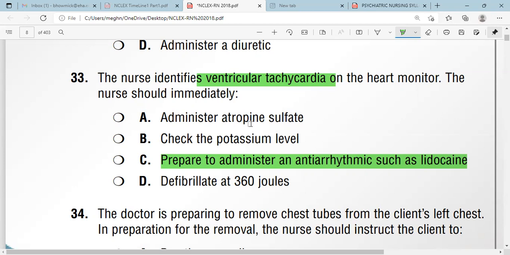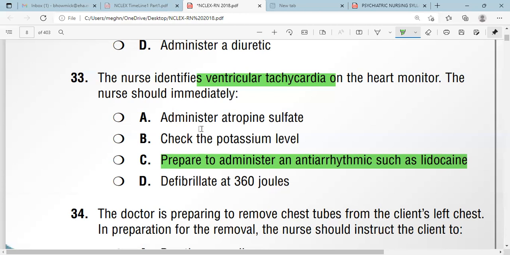Tachycardia will speed up. Answer B, checking the potassium is indicated, but it is not the priority. And answer D, defibrillation is used for pulseless ventricular tachycardia, right? And this question does not mention whether the patient is pulseless or if a pulse is counted.